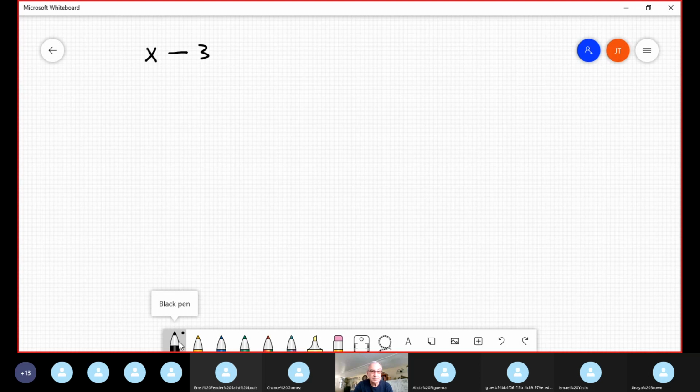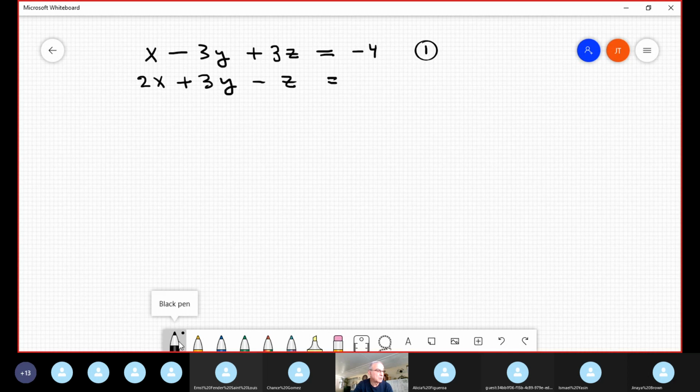x minus 3y plus 3z. You see, 3 variables, 3 unknowns, x, y, z, equal -4. This is my equation number 1. 2x plus 3y minus z equal 15. Equation 2. Nice.